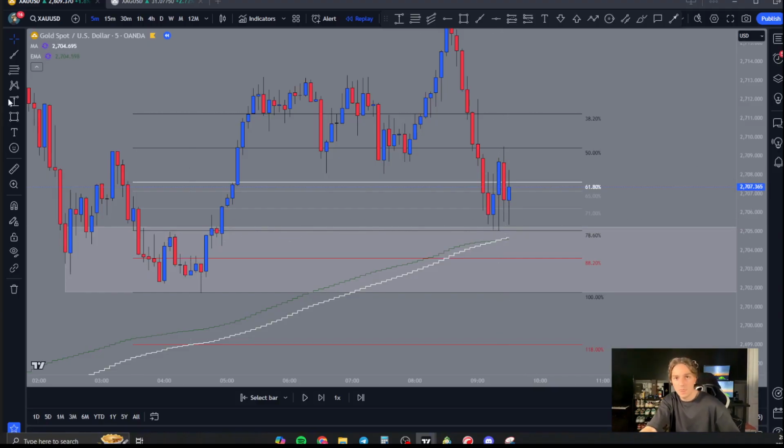Okay, so the trade I took looked something just like this. When this candle closed with a massive wick, I bought just like this. My stop loss was below those wicks right there, so around 17 pips stop loss.